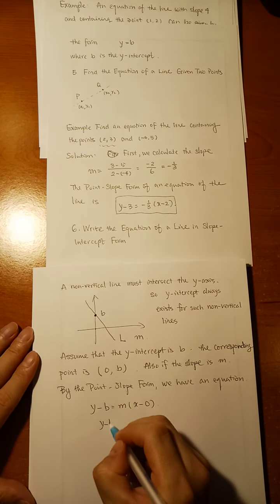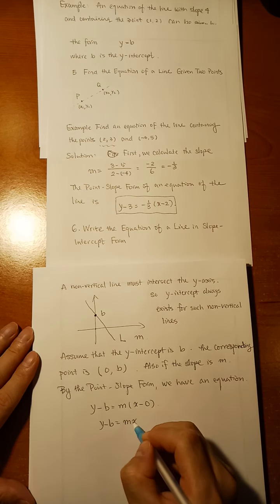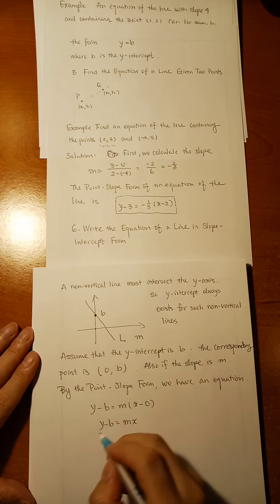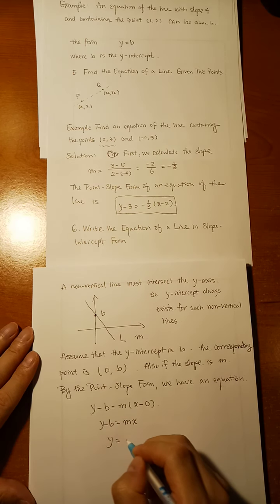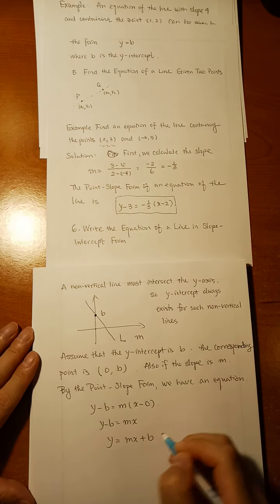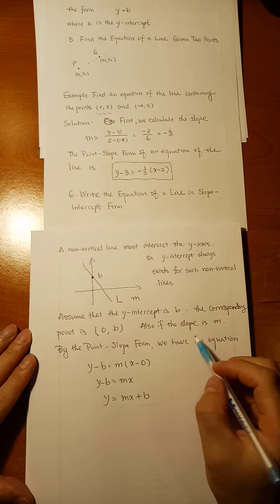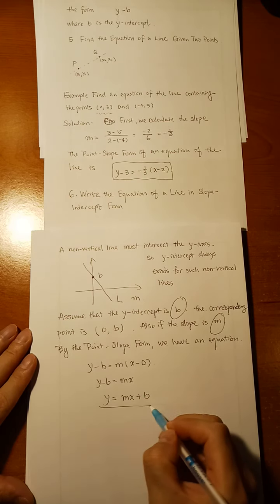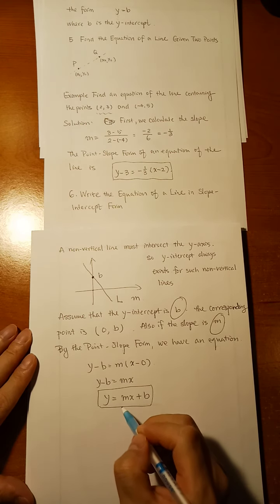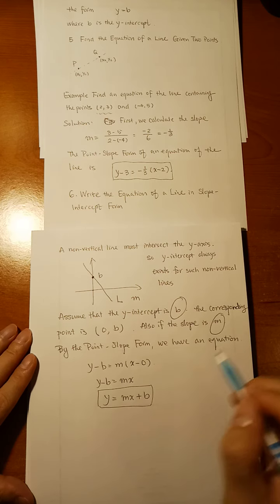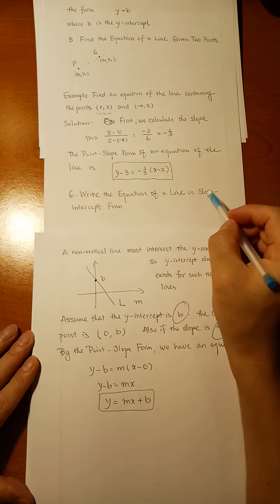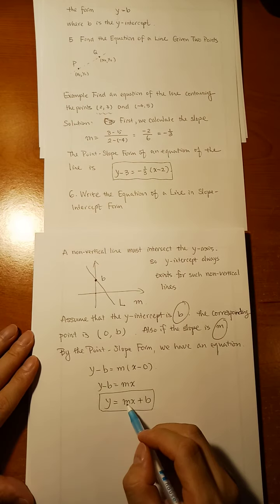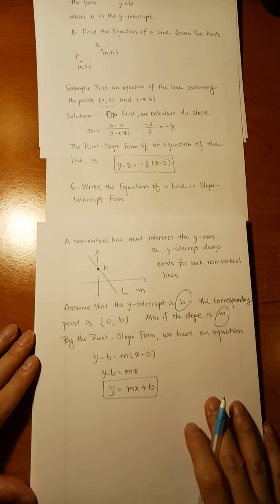So y minus b is mx. x minus 0 is x, so mx. And you move b to the right side, you get mx plus b. So you see, if you have the y-intercept and the slope, then you can quickly determine the equation of the line. And this is called the slope-intercept form.